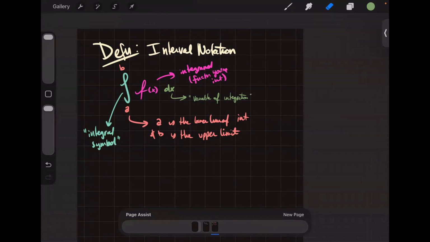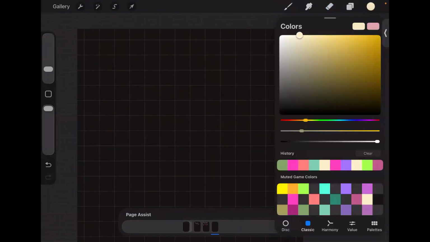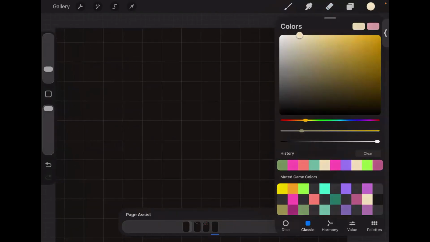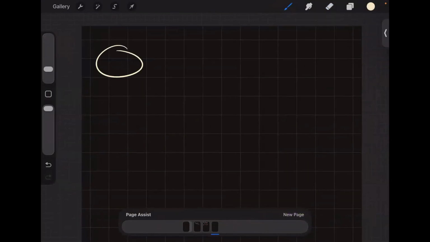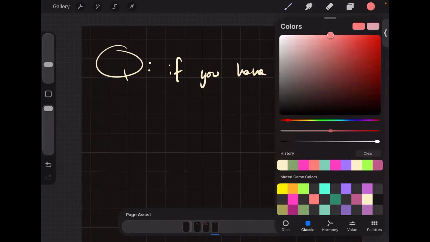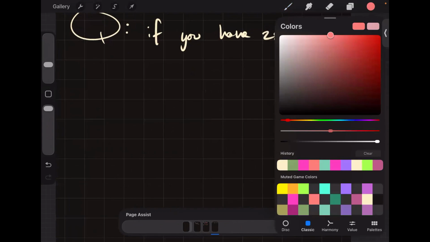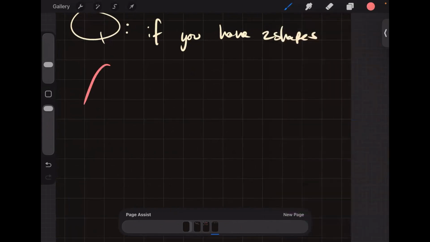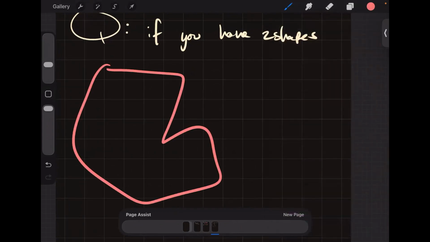Okay. So now I have a question for you. We're gonna put a pause on intervals. Question. If you have two shapes, right? A bigger one, which we'll call P, right?